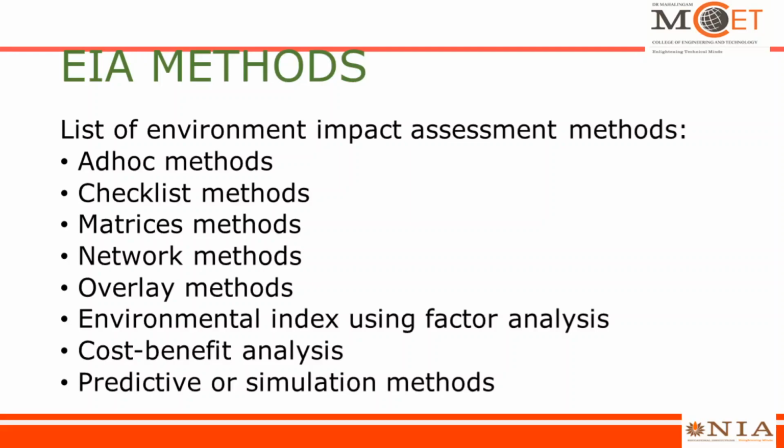Network methods. You know what a network is, right? A network is a relationship between many components. You might have seen a network, especially the IT students. A network is nothing but some components which are linked.